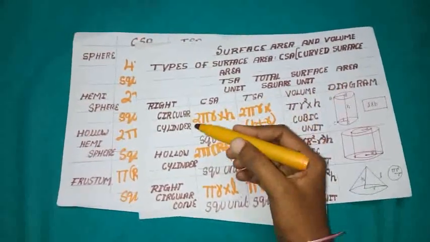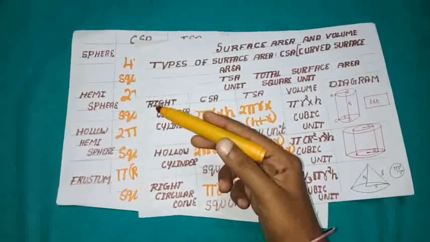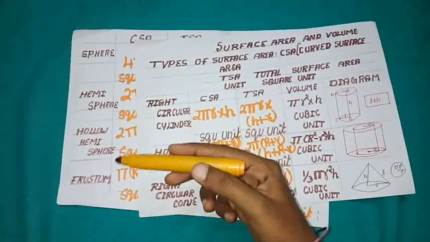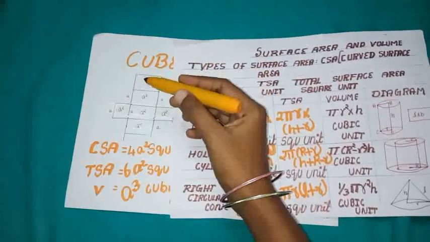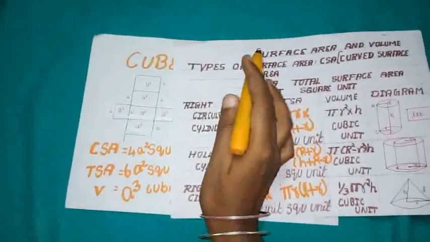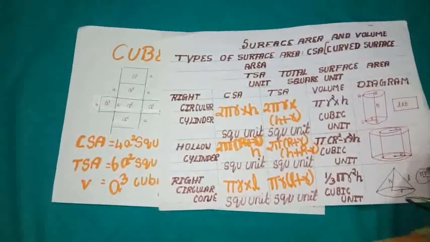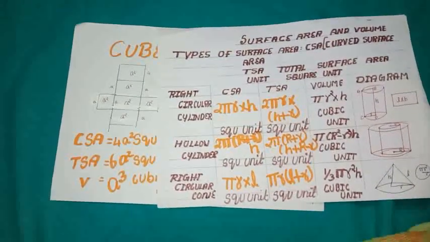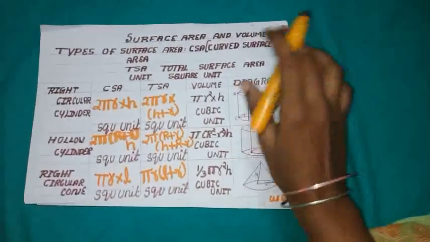One more session we are to study. Here cube and cuboid both we studied. So this session is completely based on tricks to recall surface area and volume formulas. The summarization part is over.